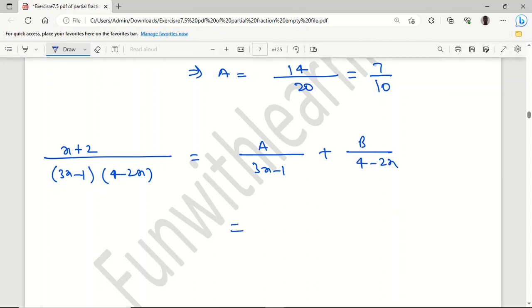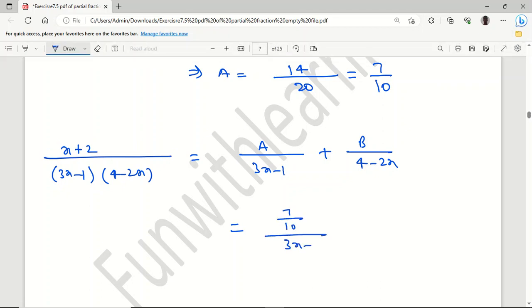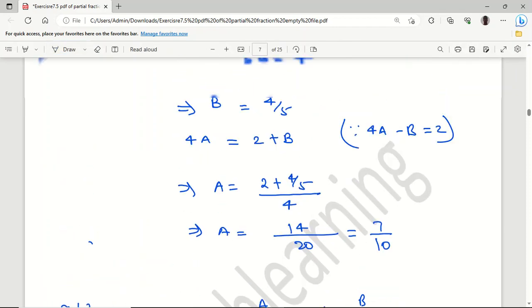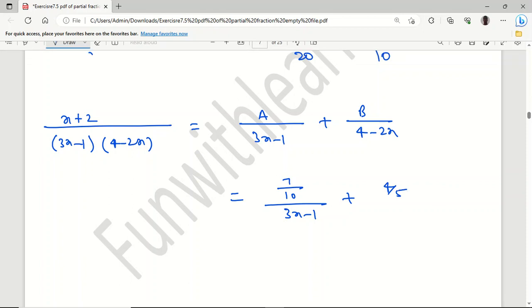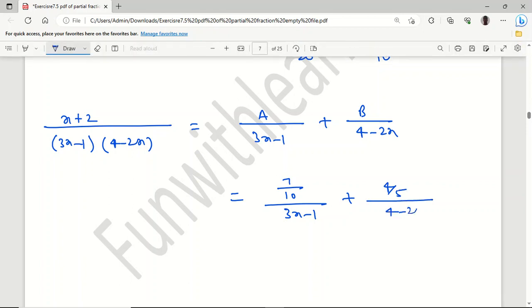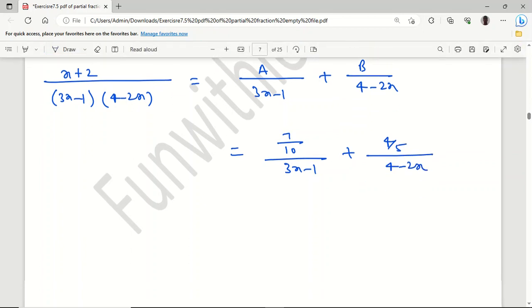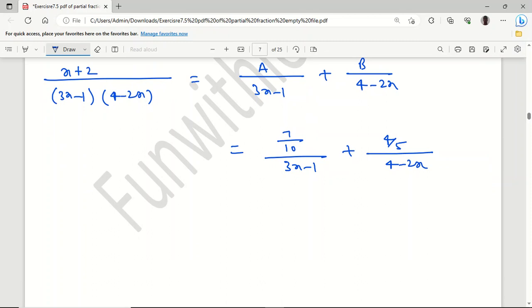So I can write here a as 7 upon 10 by 3x minus 1 plus b as, what is b, is 4 upon 5. So 4 upon 5 by 4 minus 2x. So now I have broken the given expression into two partial fractions.